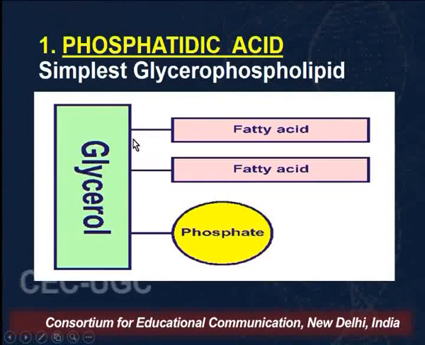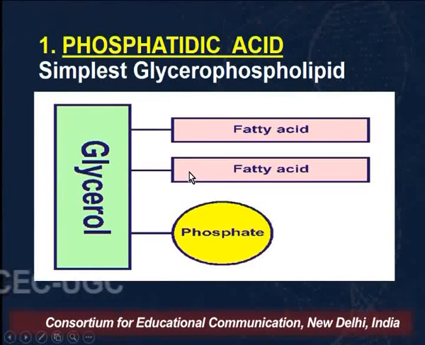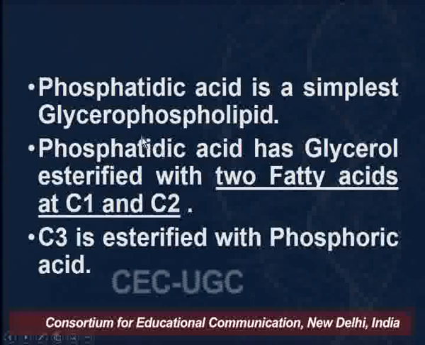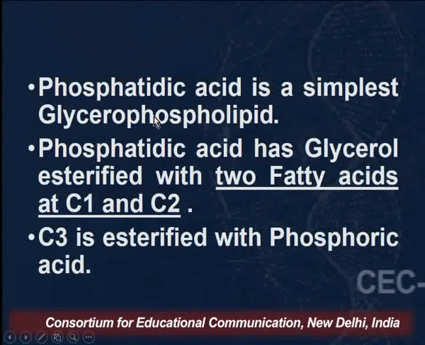So here we have an ester bond, here we have an ester bond, and here we have a phosphate ester bond. When we are talking of phosphatidic acid, we are talking of this unit. This unit will be present in all the glycerophospholipids. So phosphatidic acid is the simplest glycerophospholipid.